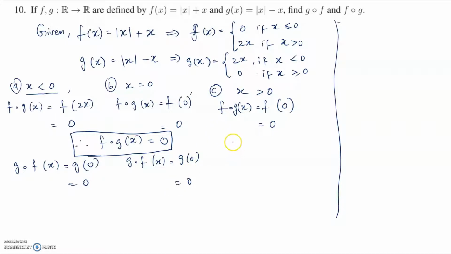Then your g of f of x, when x is greater than 0, f of x is 2x, so g of 2x. However, when you come to g of x, when it's greater than 0, it's 0, so this is equal to 0. Therefore, g of f of x is equal to 0.